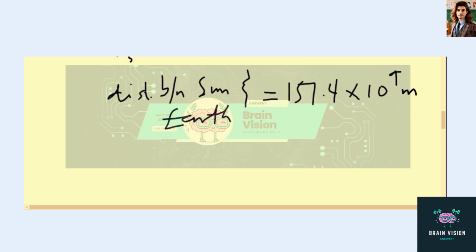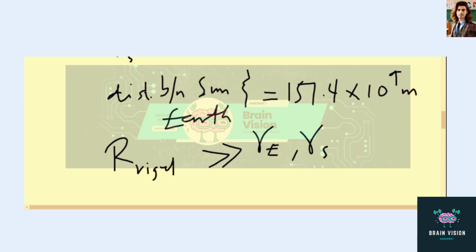The radius of the Rigel star is far greater than the radius of the Earth, and then the radius of the sun, and also the distance between the Earth and the sun.